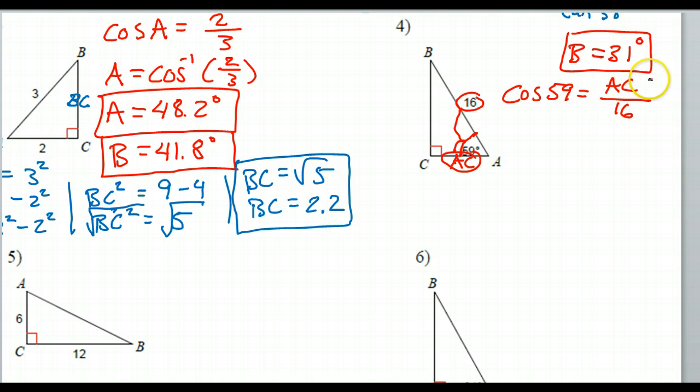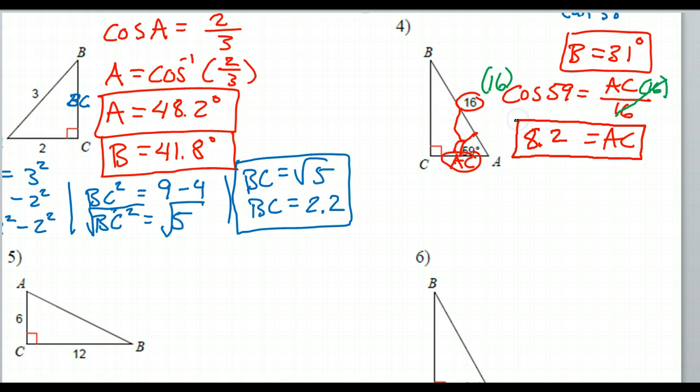Because the unknown is in the numerator, I'm just going to multiply by 16 on both sides, like this. That way these 16s are going to cancel each other out. And that's going to give me that AC equals 16 cosine 59, that's 8.2. So AC is equal to 8.2.